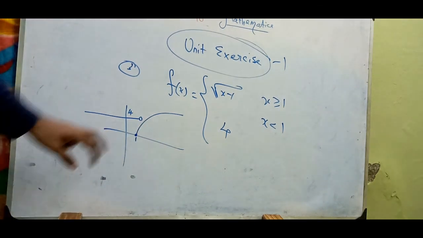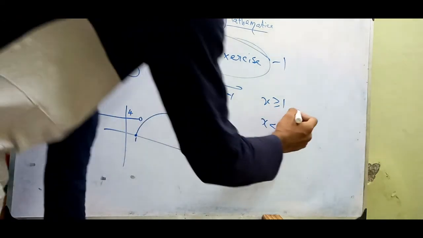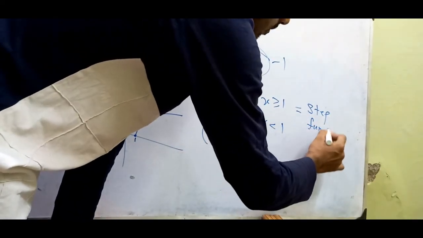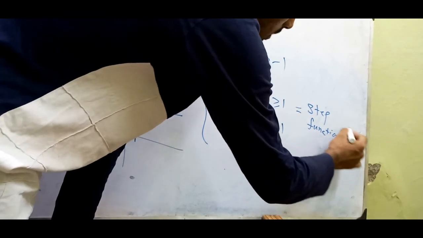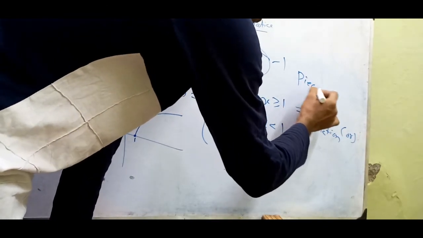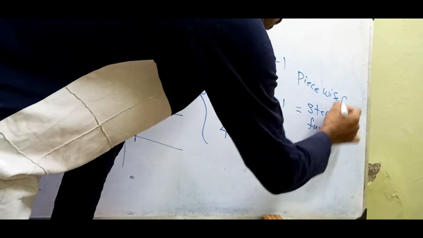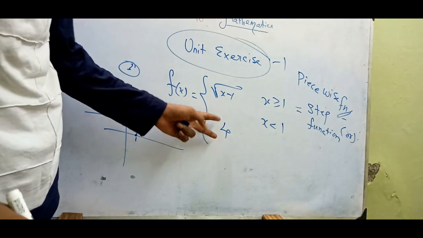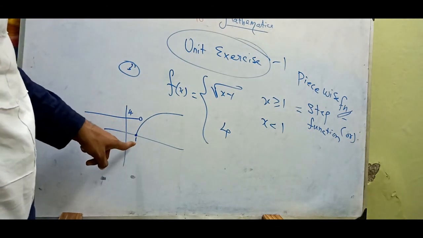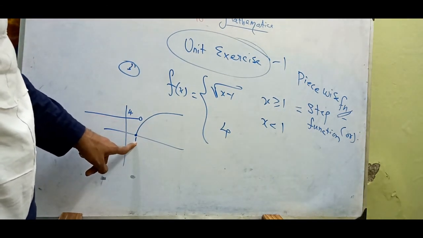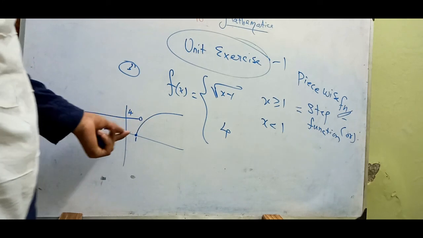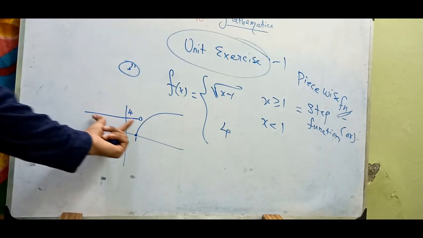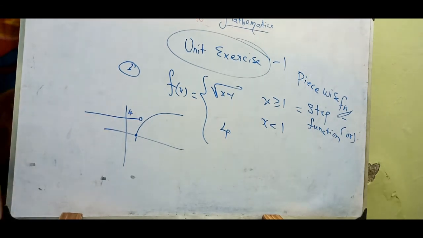Okay, so this function is also called a step function or piecewise function. That is why it looks like this. Step function in the sense that exactly at x equal to 1, the function looks like here, but if x is below 1, it is on the negative side like this.